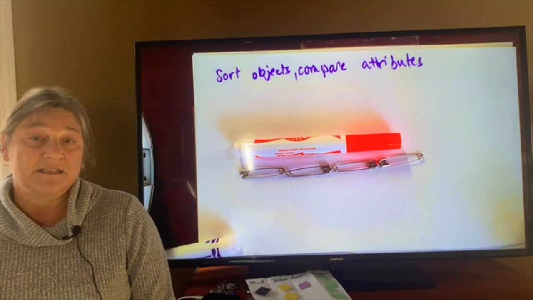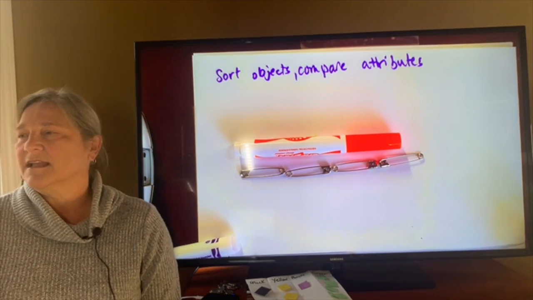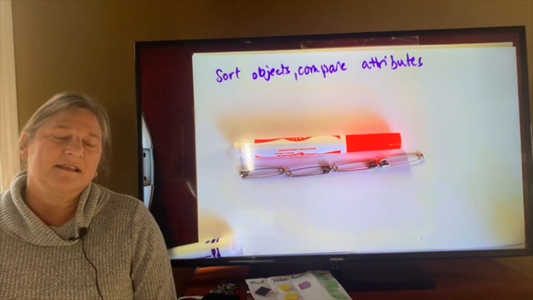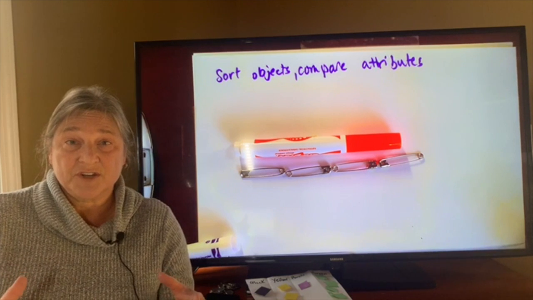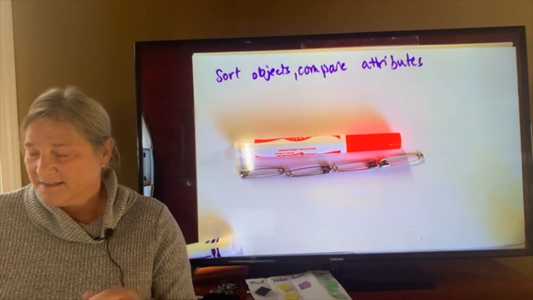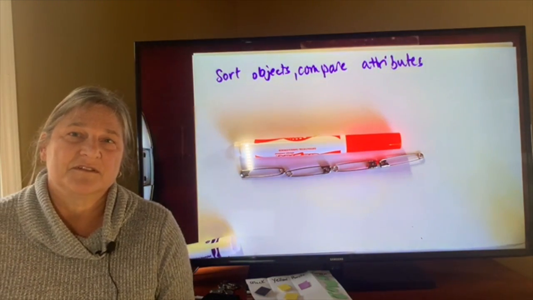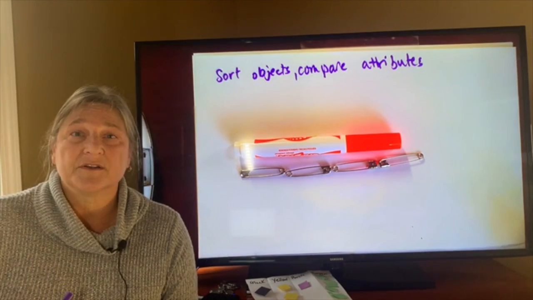So I Spy, as the parent or caregiver, you would say, I spy something that is 10 safety pins long. And then your child's job is to go around the room and find something that's 10 safety pins long, or whatever you're using. If you're using a marker, one that's 10 markers long.